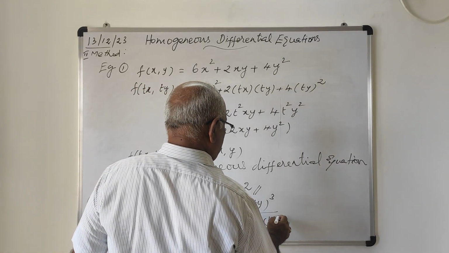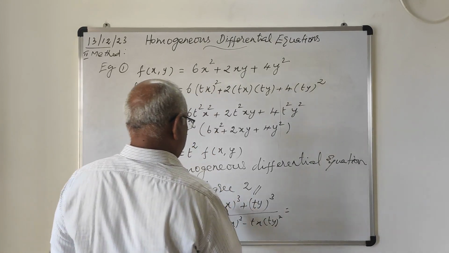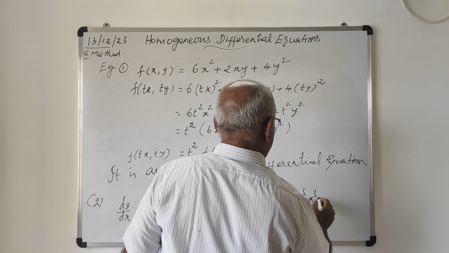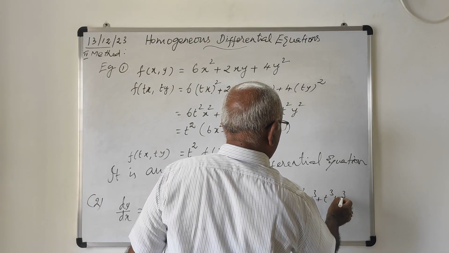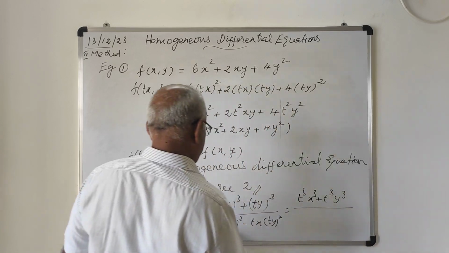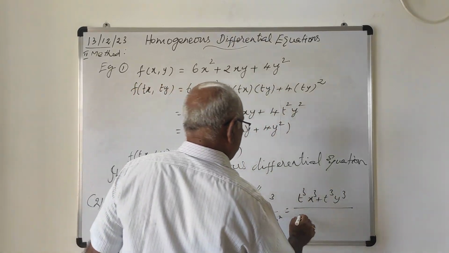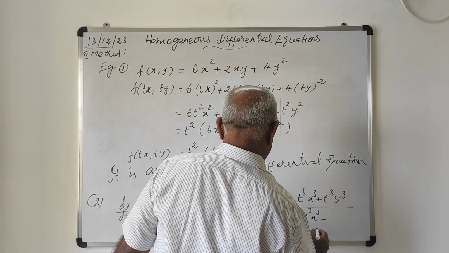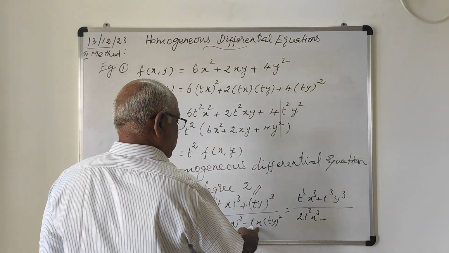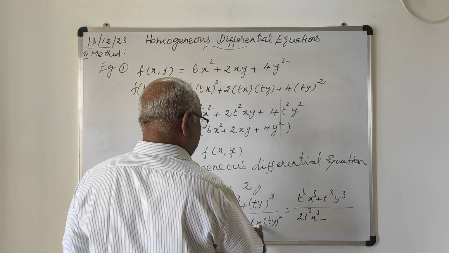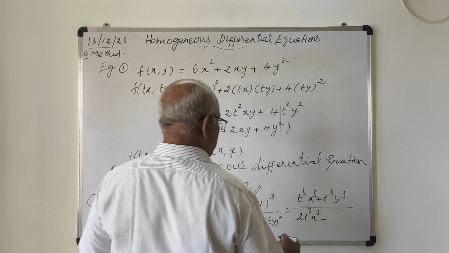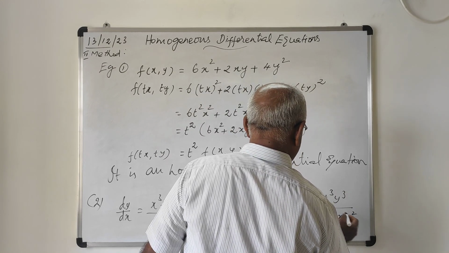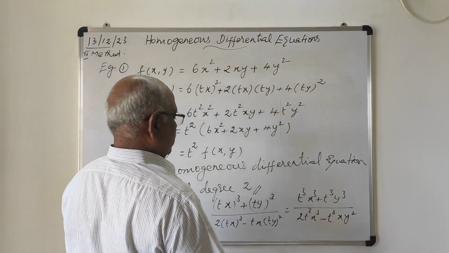So this is equal to t cube x cube plus t cube y cube by 2t cube x cube minus t cube xy square, because t square into t is t cube xy square.